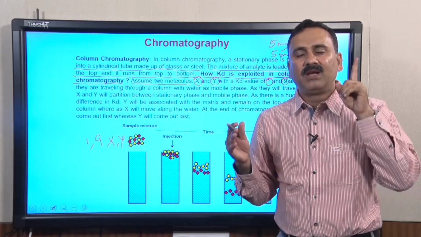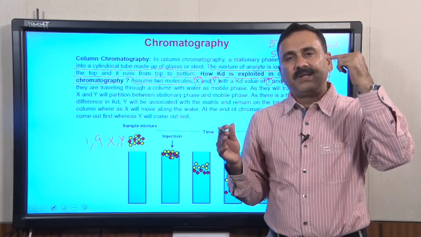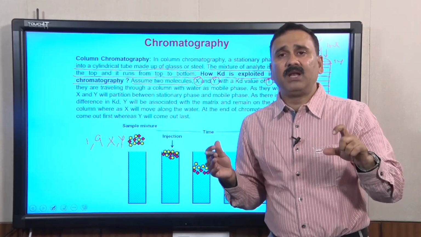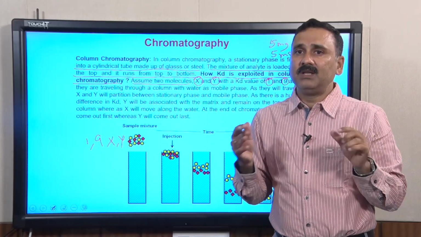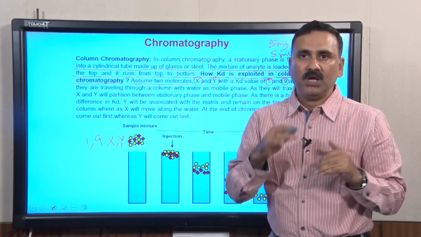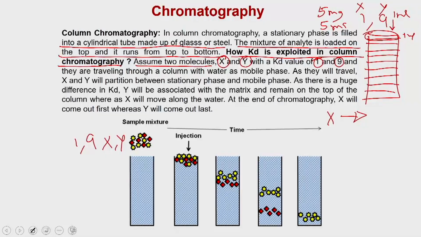A Kd value of 1 means that the concentration of material in the matrix versus the concentration of material in the aqueous phase is going to be equal at any distribution. This means in the first layer you are going to have 2.5 mg of X bound, and the other 2.5 mg of X will go into the aqueous phase.